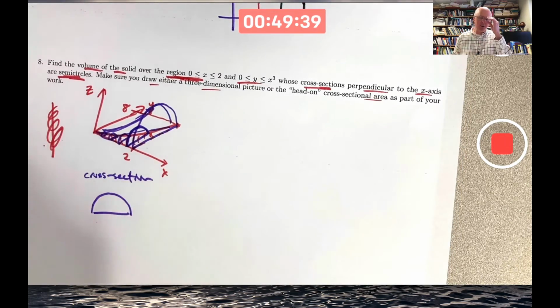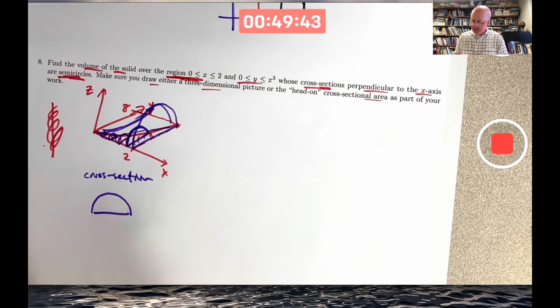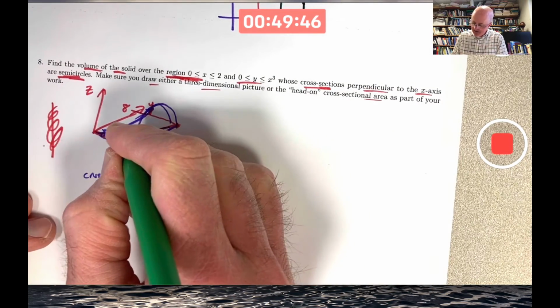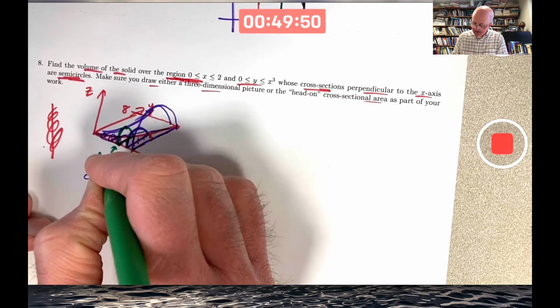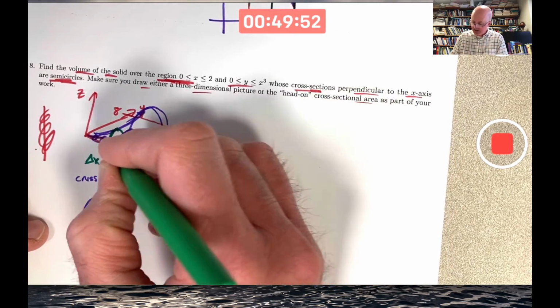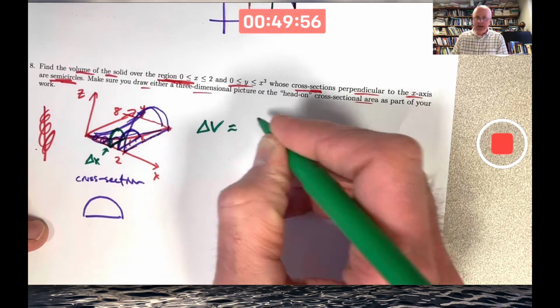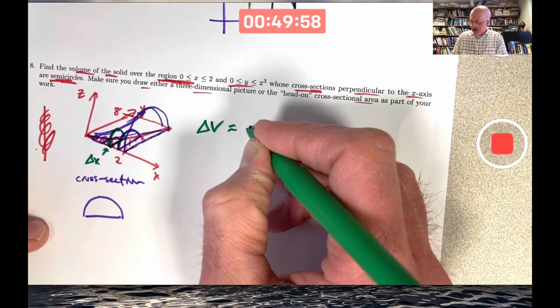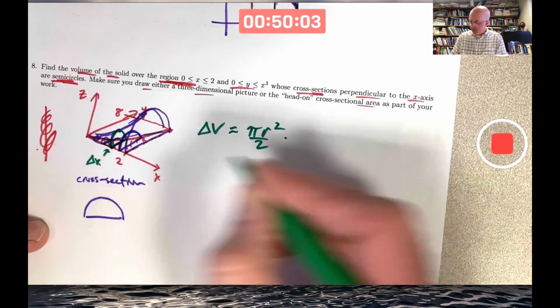Now, a couple different approaches people often take to this is they imagine Riemann sums, thinking about slicing this and thinking about thin slices with a certain width delta x, and they write that the volume of such a thin slice, delta v, is approximately its cross-sectional area, pi r squared over 2, because it's a semicircle, times its small width, delta x.